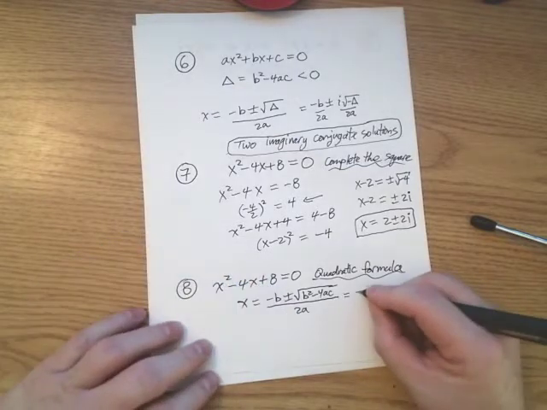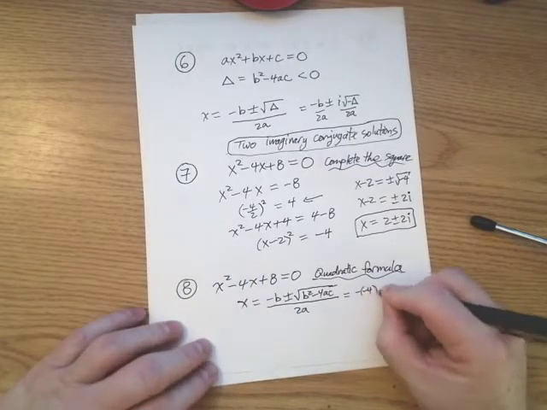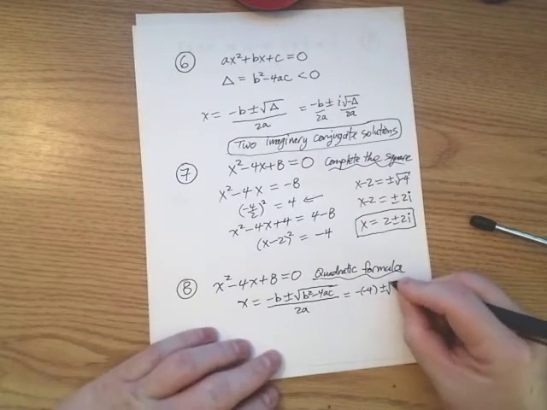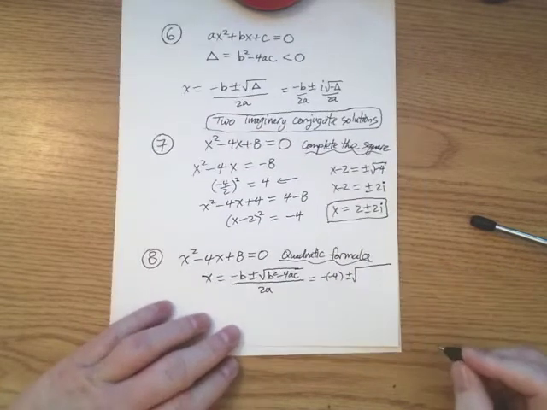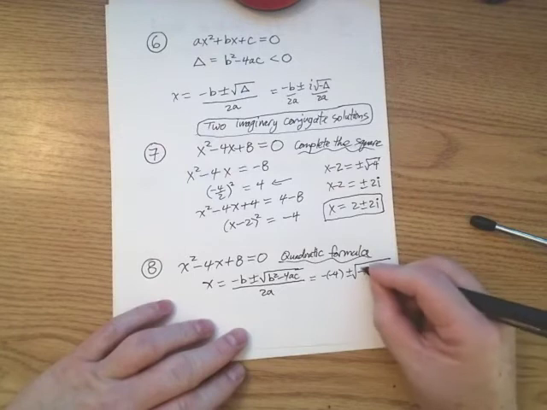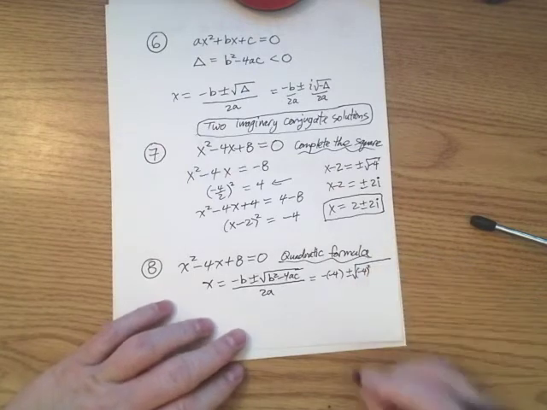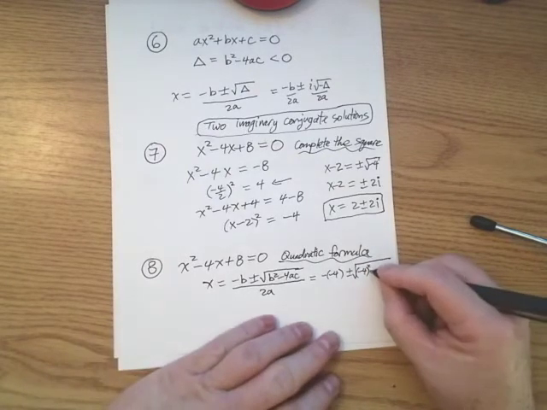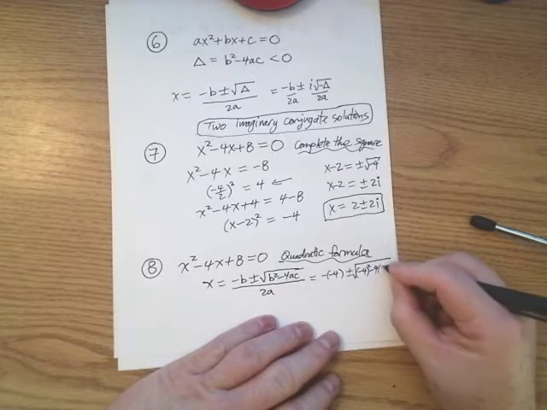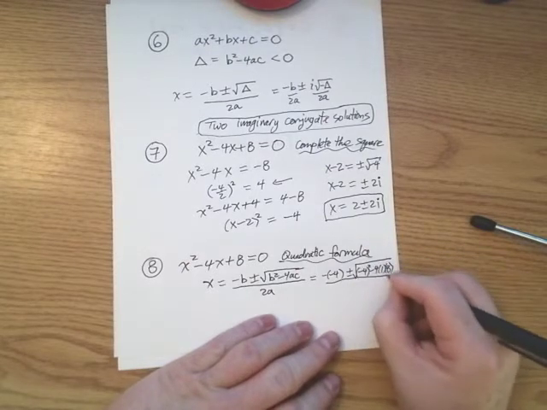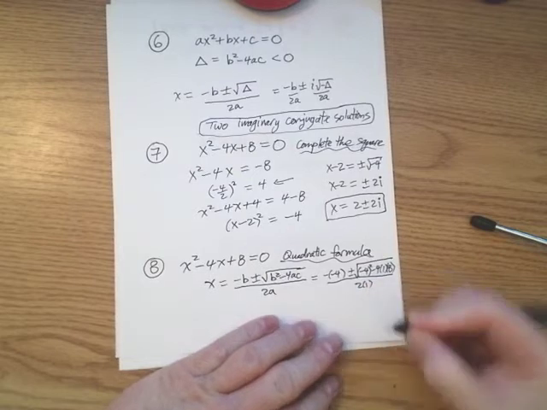So we're going to have negative 4 plus or minus the square root of b squared. Use parentheses around the negative 4, so you're squaring all of negative 4, minus 4ac, all over 2 times 1.